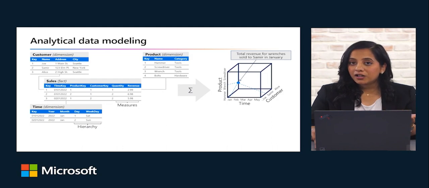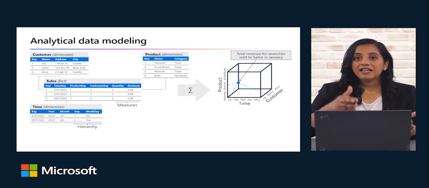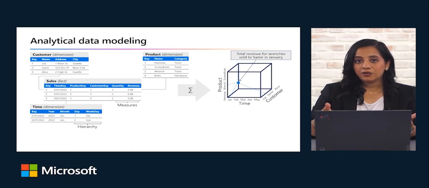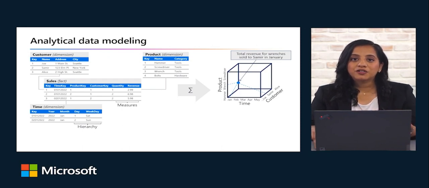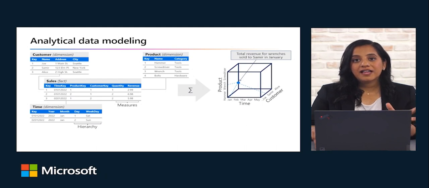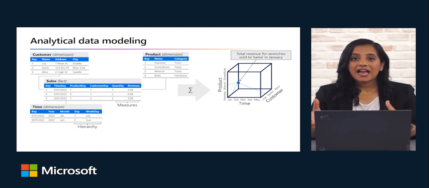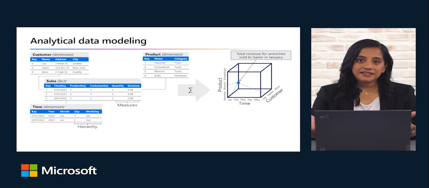For example, product or customer. Each entity is represented by a row with a unique key value. The remaining columns represent the attributes of the entity. For example, products have names and categories, and customers have addresses and cities.